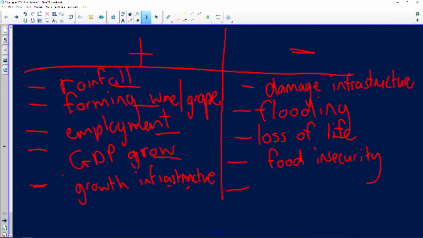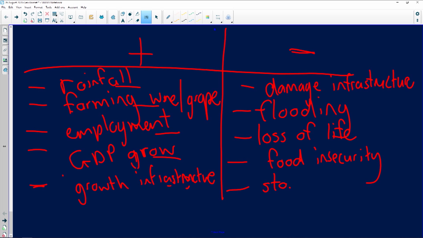Now, we also experience storm surge. That's the wavelength that increases on the coastline and can bring very extreme cold conditions towards the coast of the Western Cape. But those are the negatives. But I believe, if we look at how far we've come, we can absorb these difficult situations that do take place.